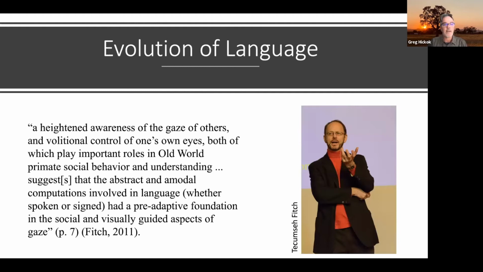He wrote, a heightened awareness of the gaze of others and volitional control of one's own eyes, both of which play important roles in old world primate social behavior and understanding, suggests that the abstract and amodal computations involved in language, whether spoken or sign, had a pre-adaptive foundation in the social and visually guided aspects of gaze.